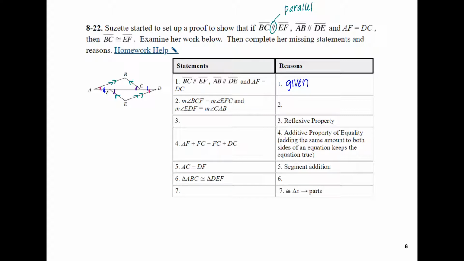So I know that those angles are in fact congruent because they are alternate interior angles. So alternate interior angles of two parallel lines cut by a transversal.